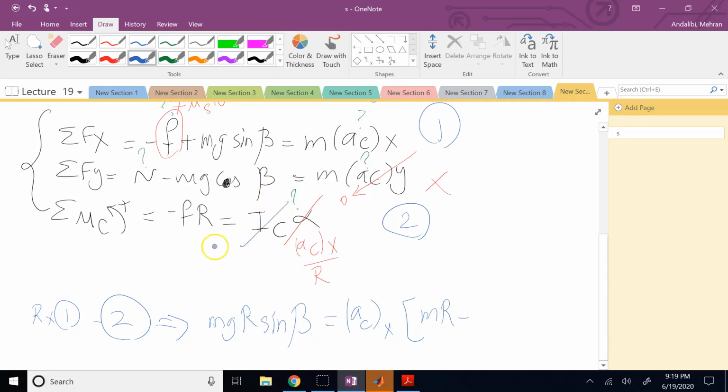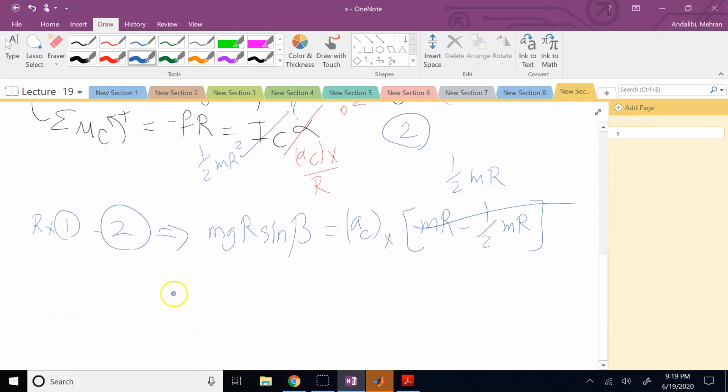Now, what is IC itself? The problem is telling you it's 1/2 mr squared. Okay, so it is going to be minus IC over R, but IC has R already, so one R would cancel, so you're going to get negative 1/2 mr. Which, by the way, when you simplify it, is going to be mr minus 1/2 mr, positive 1/2 mr. And from here, if you cancel M and R from both sides, you see that ACX is equal to 2g sine beta, which I guess we solved for in one of our previous examples.